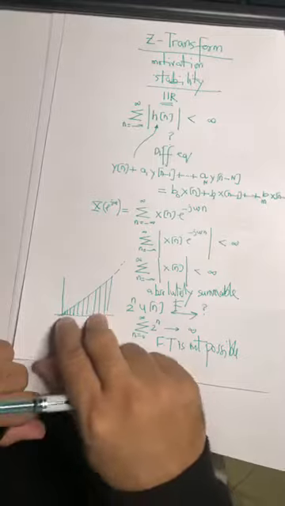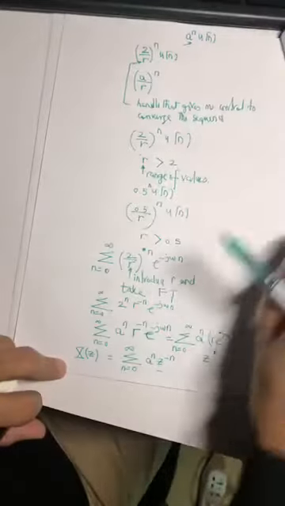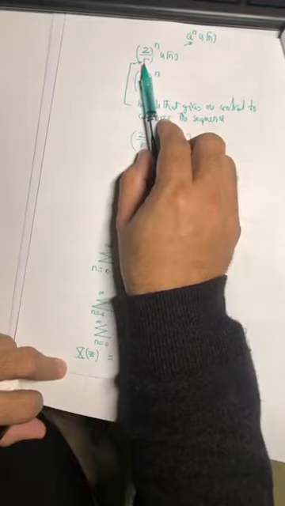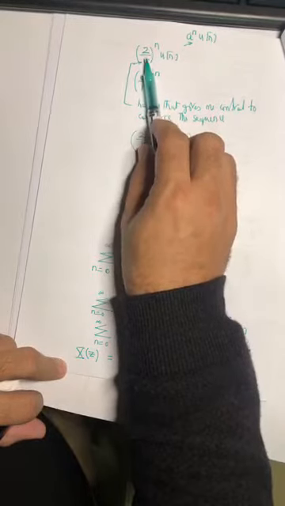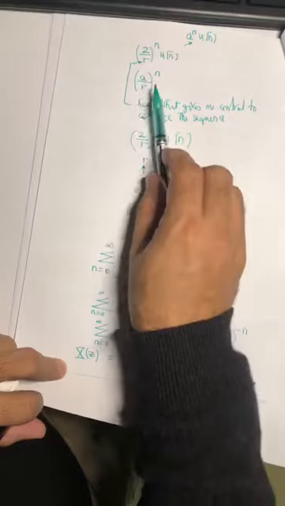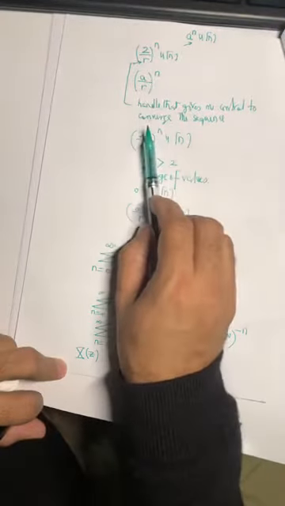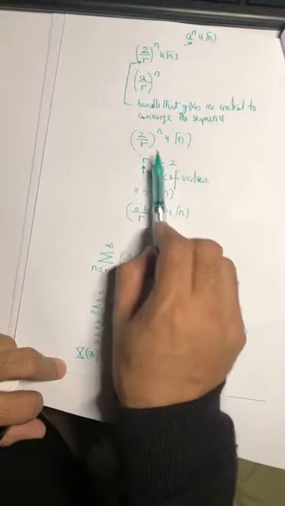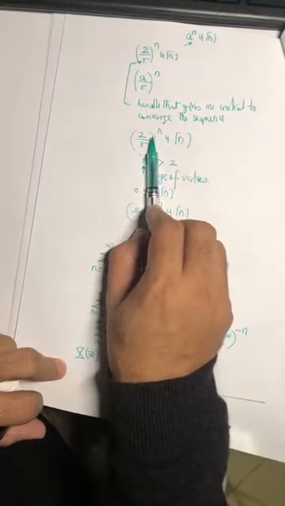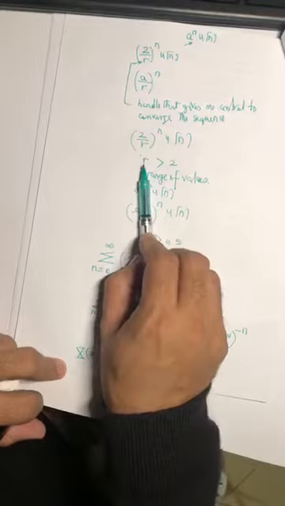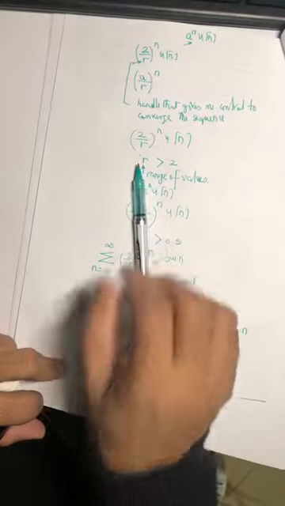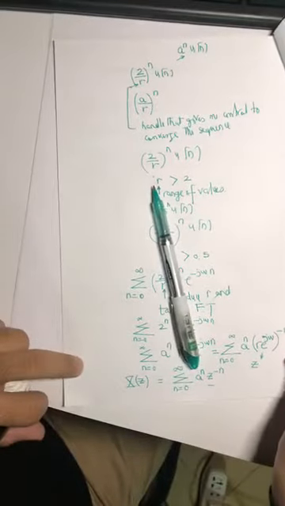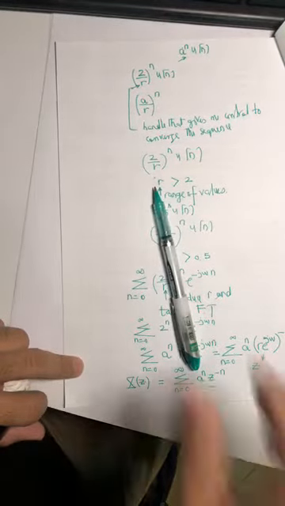So we introduce a kind of handler R, and using this R, we try to make the sequence converge. If there is a sequence that is diverging like 2^n u[n], then any value of R which is greater than 2 can make the sequence converge. In the Z transform, we are not actually interested in the transform itself, rather we are interested in finding the region of convergence.